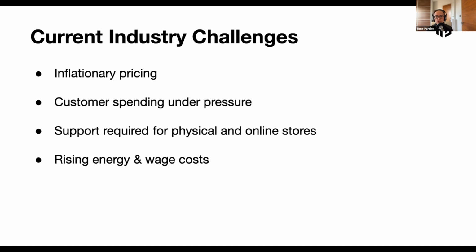People have been very cautious in terms of what they spend their income on. So they have this bit of a squeeze where the cost of things is going up, which means customers are a bit more conscientious in their spending, and therefore this is a squeeze from both sides.